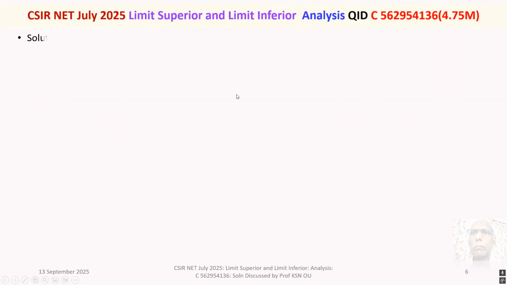Right. We now discuss the solution of the problem in detail. We first consider the sequence Sn, n greater than or equal to 1, where Sn is given by sigma k equals 0 to n of 1 by the square of k factorial.